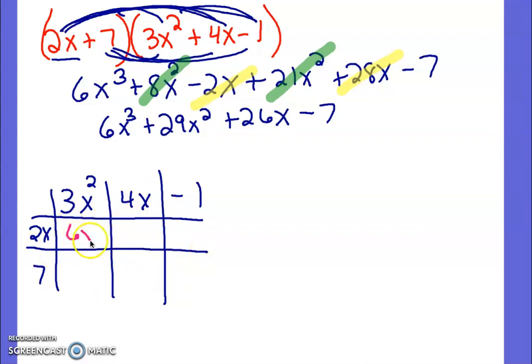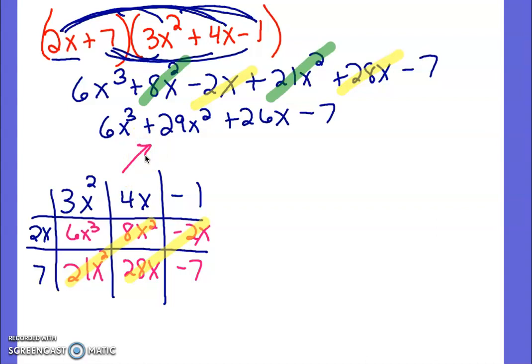So this would be 6x cubed, 8x squared, minus 2x, 21x squared. Again, I'm just doing column times row. I've got to get to my answer, 28x, and then -7. And then you're just going to combine like terms. These are like terms, and so are those. Those are like terms. And then you just add them together, and it would give us the same exact answer.